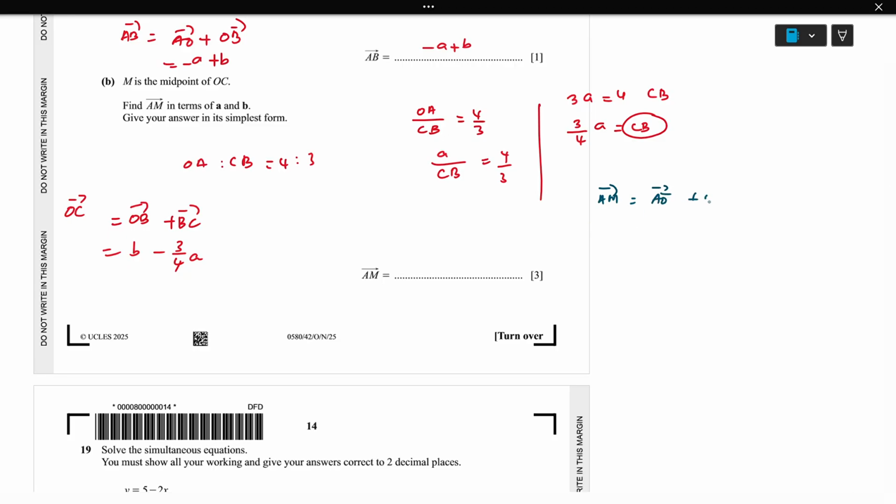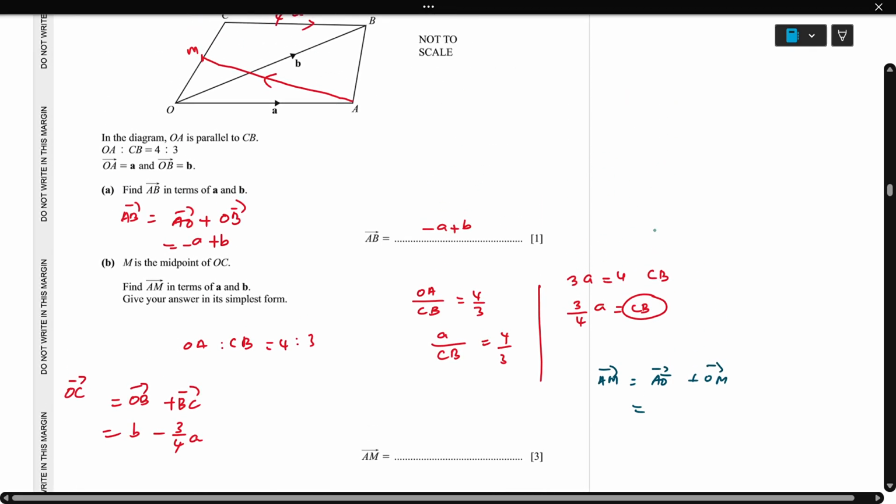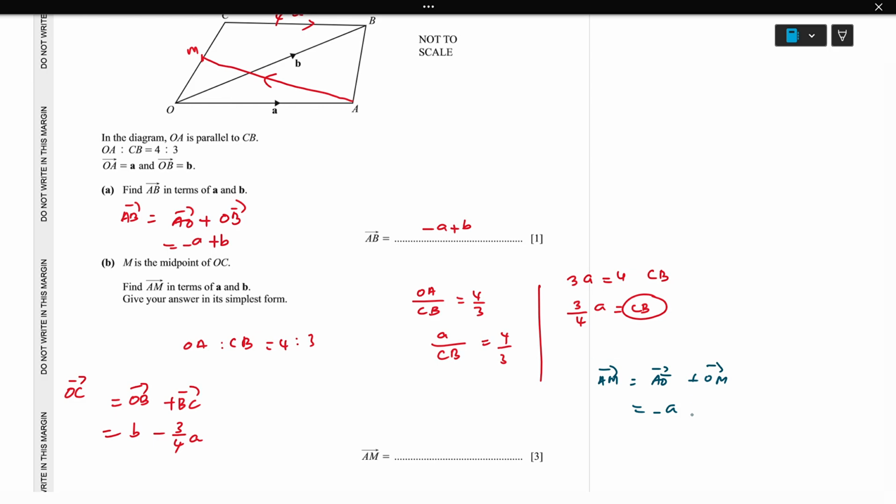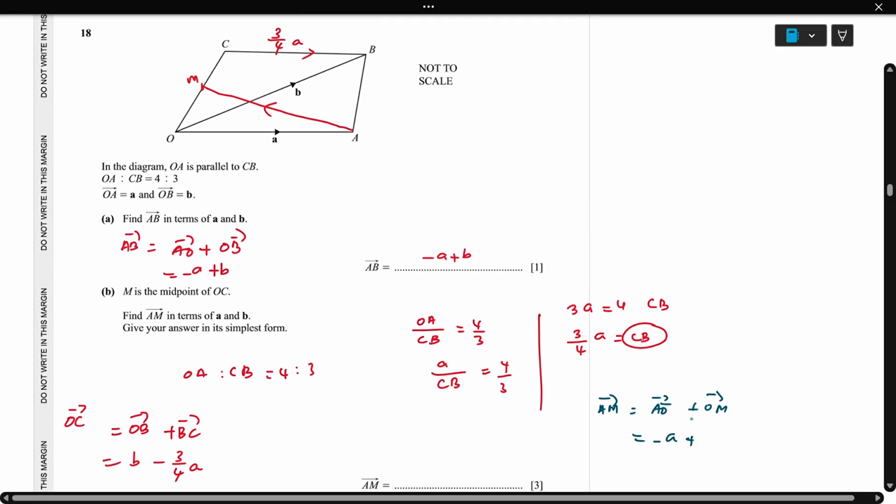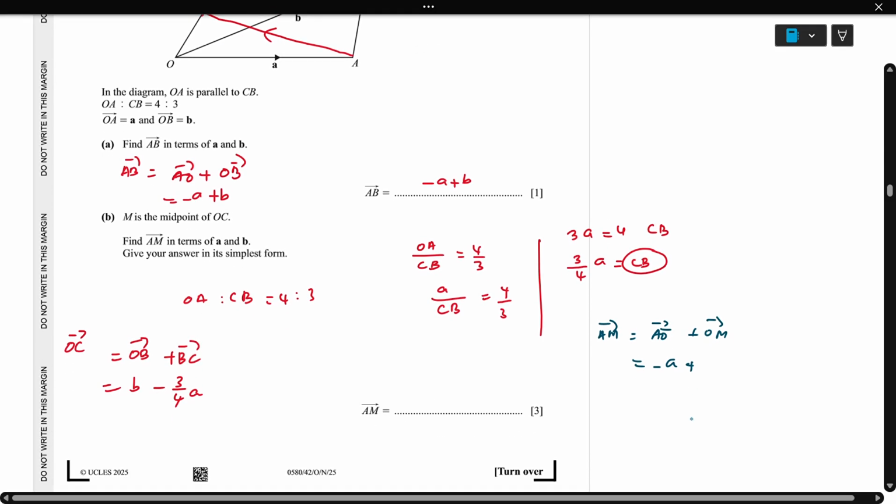AO plus OM. AO we know, which is negative A. Then OM is going to be plus OC we know, which is half of OC.